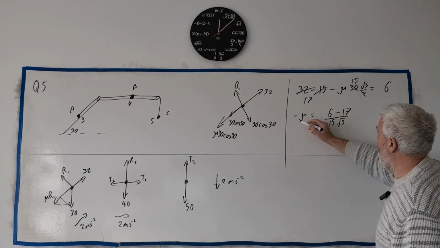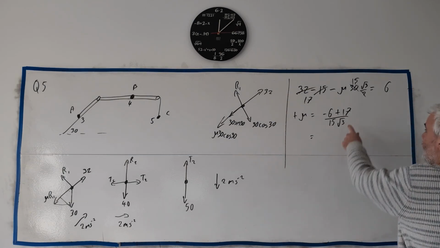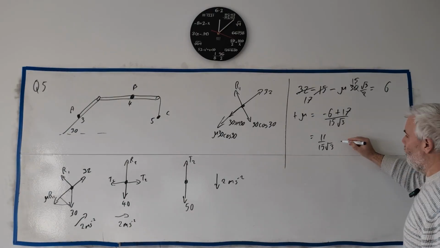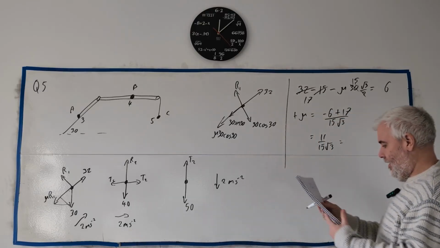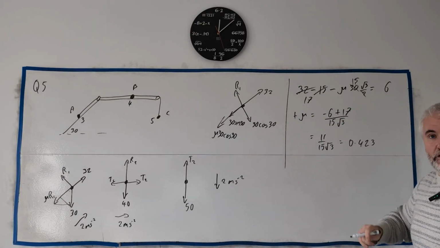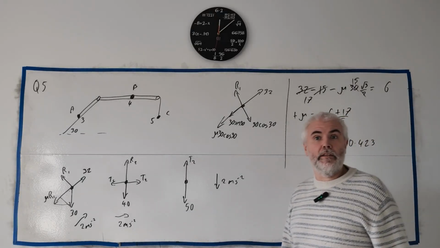Clean this up. Let's change this to a plus, that to a minus. That's 11 divided by 15 over square root of 3. But they probably want that in decimal places. That comes out at 0.423, at least to 3 significant figures. So that's the answer for part B.